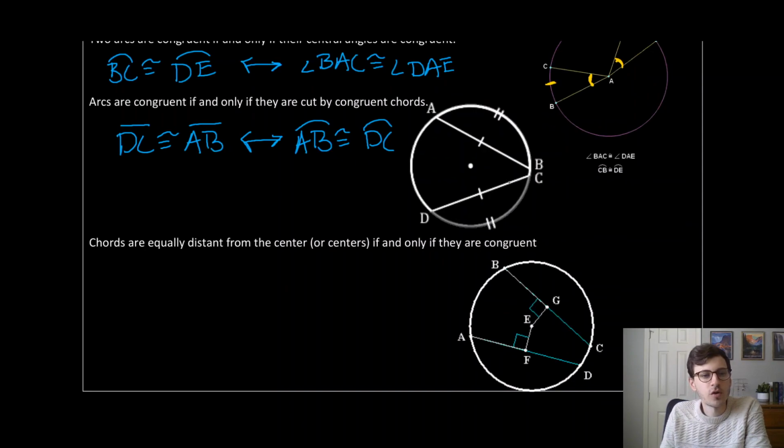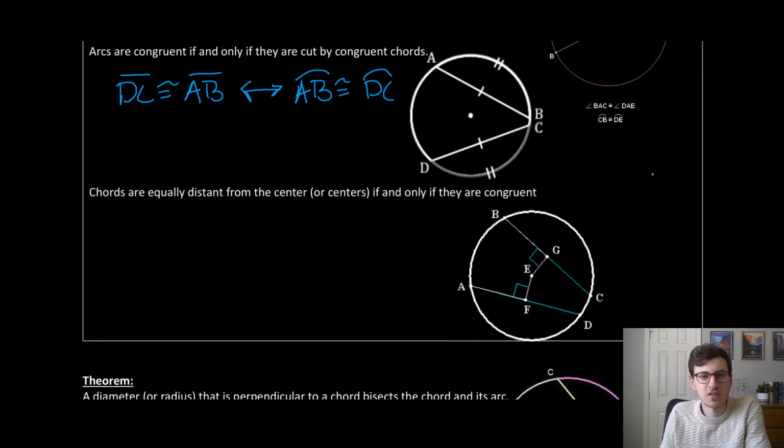Here's a good one. Chords are equally distant from the center or centers if and only if they are congruent. So we've got a center of a circle here, and these chords are equally distant from the center if and only if they are congruent. So that means that EG is congruent to EF, right?